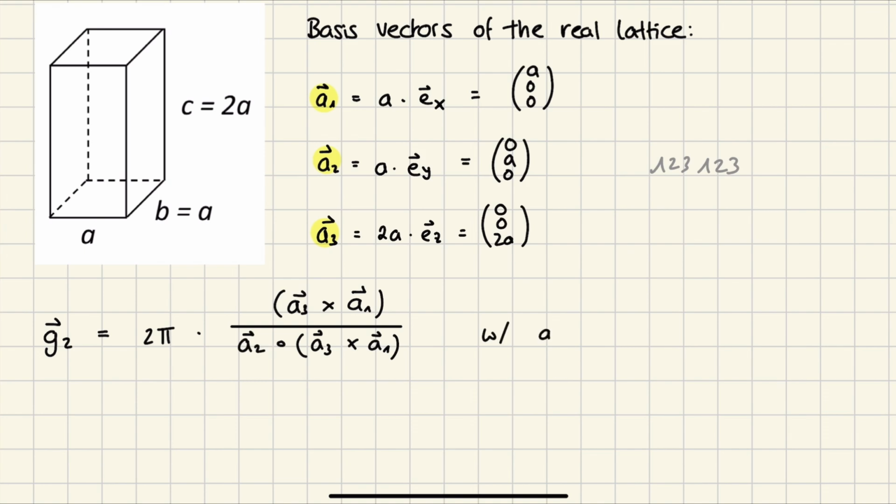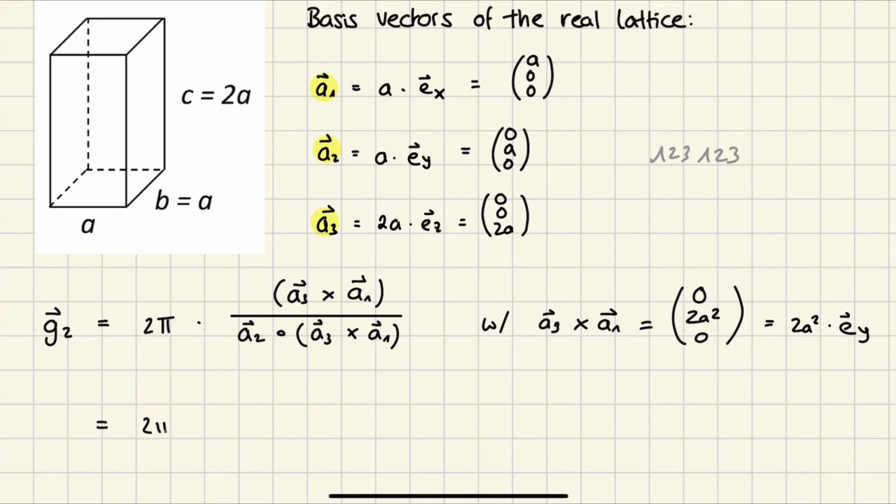Computing this cross product between a3 and a1 gives us (0, 2a², 0), aka 2a² times the unit vector in y direction. Plugging this into the formula gives us 2π times 2a² times that unit vector. And for the denominator, we have to do the same thing as before.